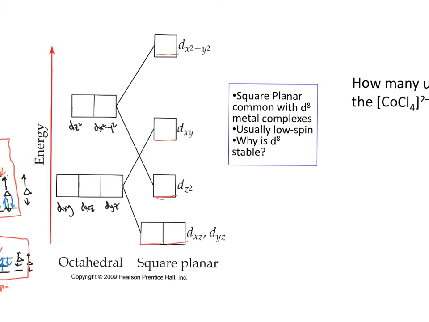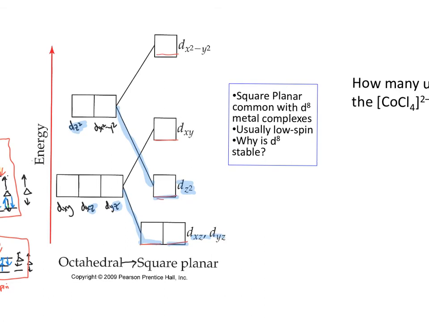And if we move from an octahedral to a square planar configuration, essentially what we're doing is just removing the ligands on the z-axis. So anything that has z character shifts down to lower energy because of those reduced ligand-metal orbital interactions.